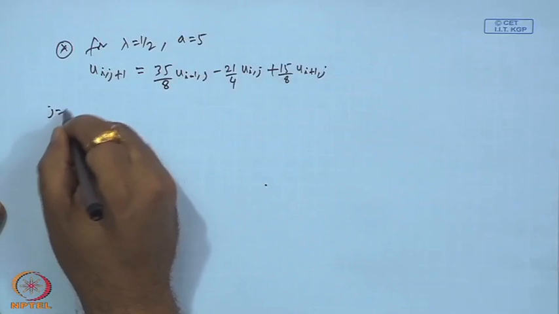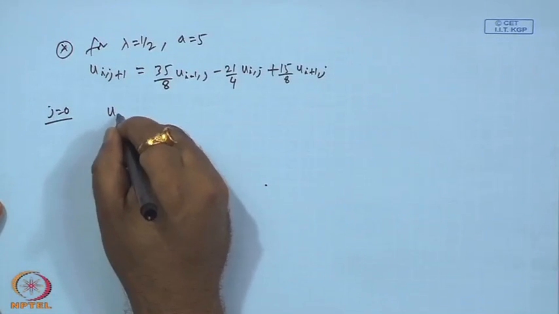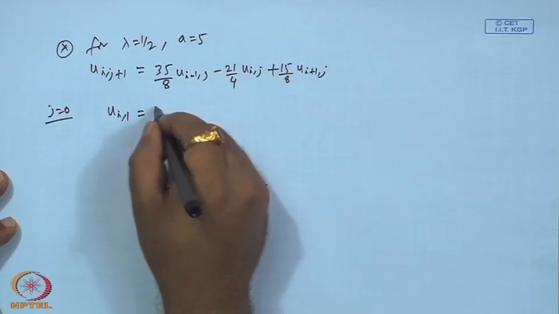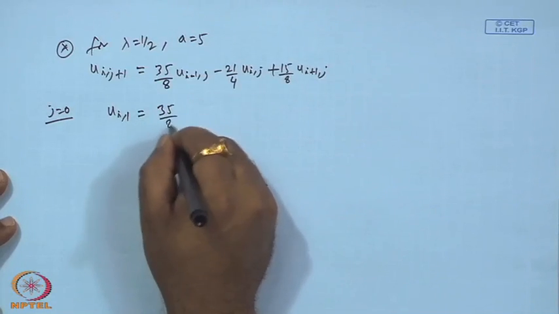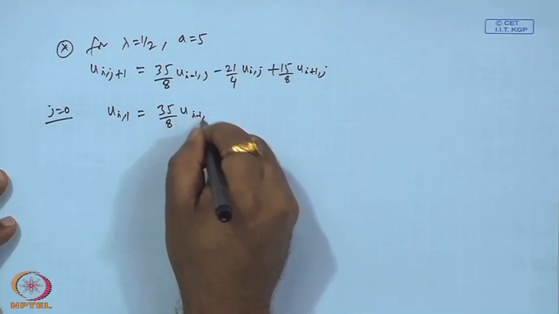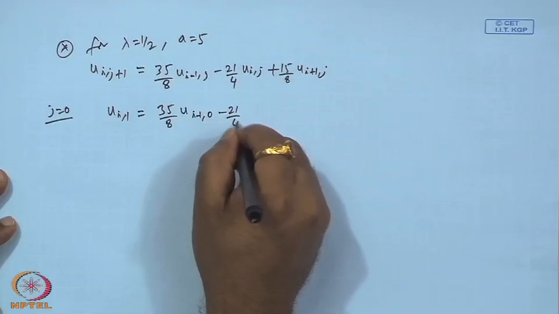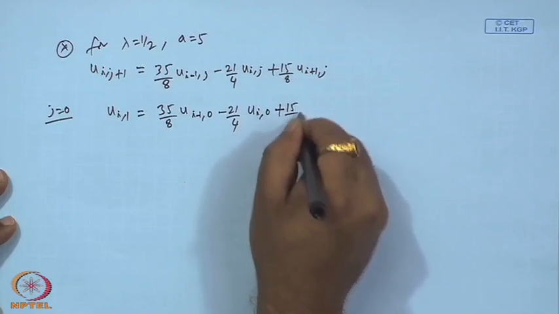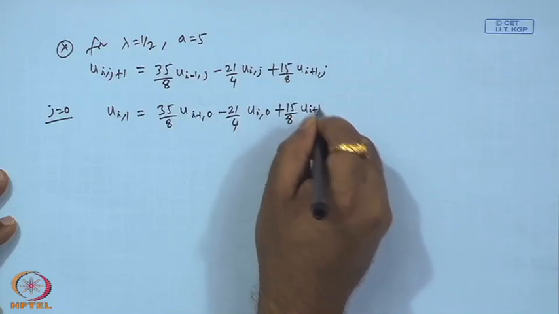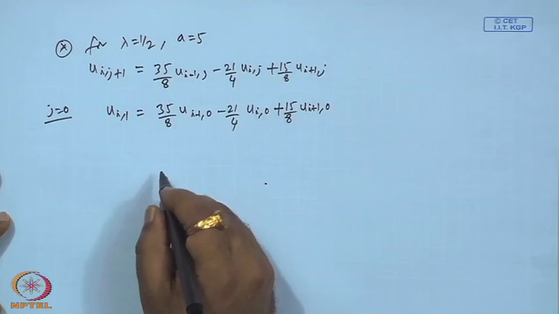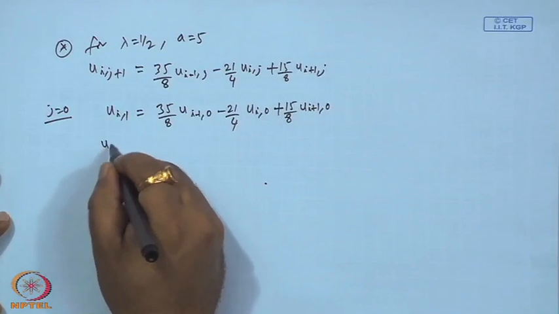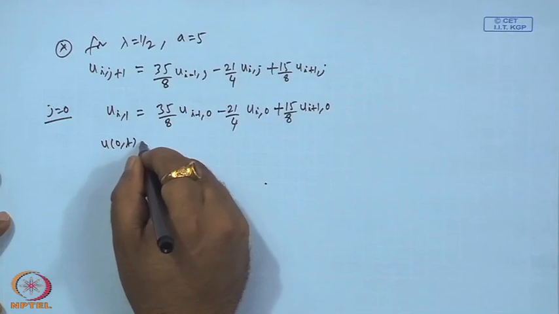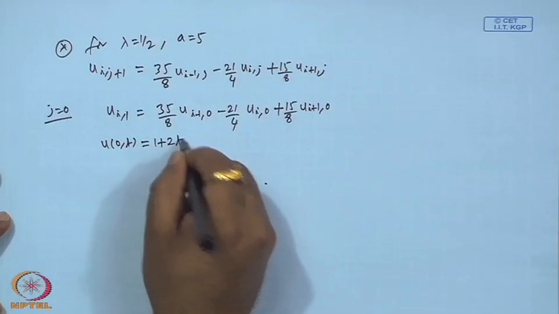So, consider j equals to 0. So, then at first time level, then we have 0 t equals to 1 plus 2 t.